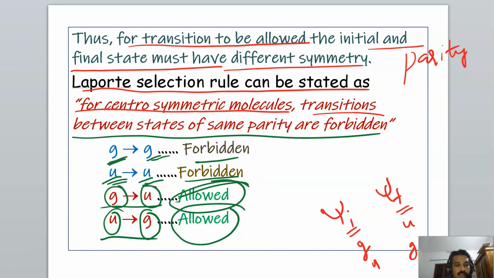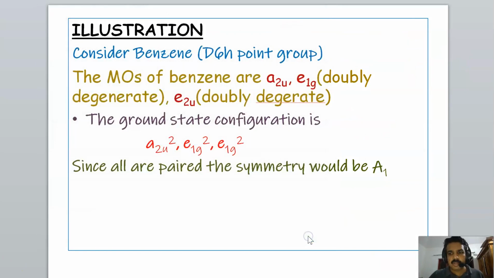We can illustrate this Laporte selection rule taking the benzene molecule as an example.